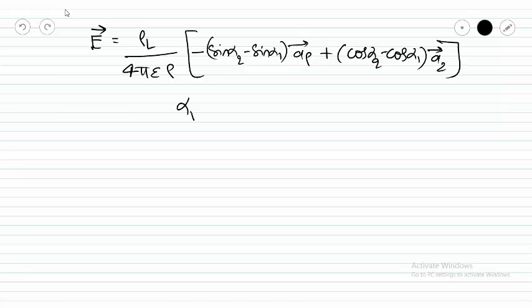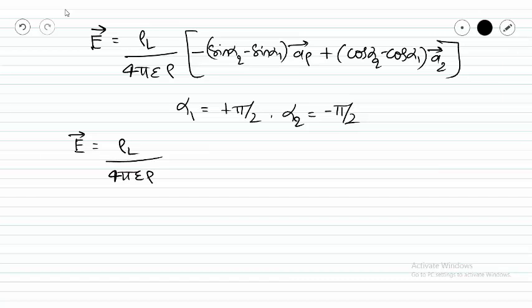Now substitute alpha 1 is equal to plus pi by 2 and alpha 2 is equal to minus pi by 2. Then the electric field intensity becomes rho L by 4 pi epsilon rho, with a minus here, sin of minus pi by 2 is minus 1, and minus sin pi by 2 is minus 1, a rho bar, plus cos pi by 2, whether it is plus or minus, is equal to 0, a z bar.